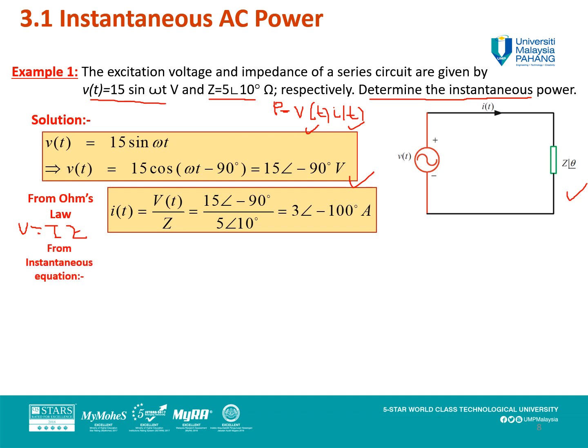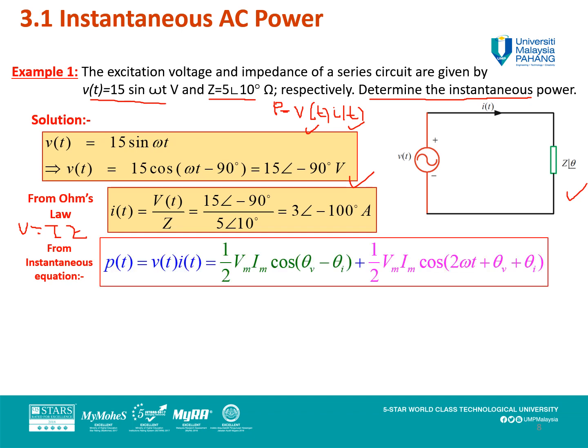Now you get both the values of V and I, so you can put the values in the p(t) equation, the instantaneous power equation. Just rearrange the equation with the values from the calculation you have done above. So now the value of Vm, Im, and the value of the angle.